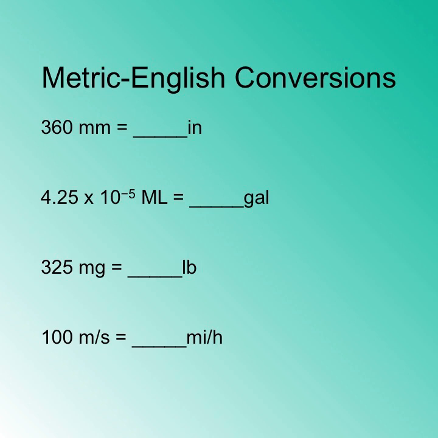So in this first example, 360 millimeters equals how many inches? I want you to understand that for every 1 inch, there are 2.54 centimeters. So then I want you to use dimensional analysis to work through that. This is the kind of stuff that takes my showing you how to do.